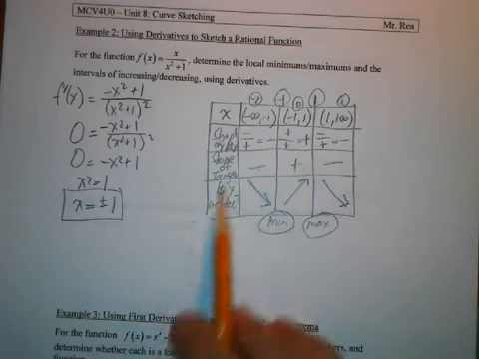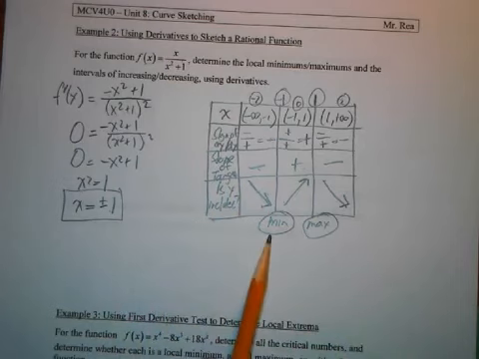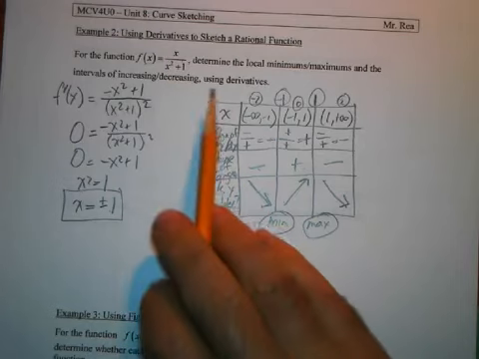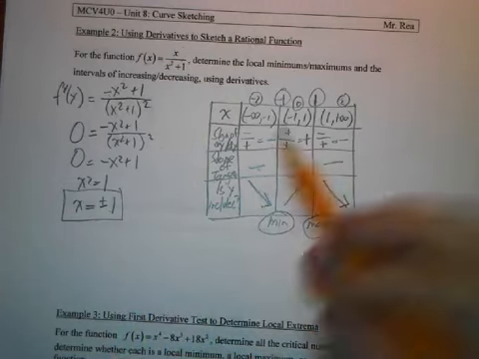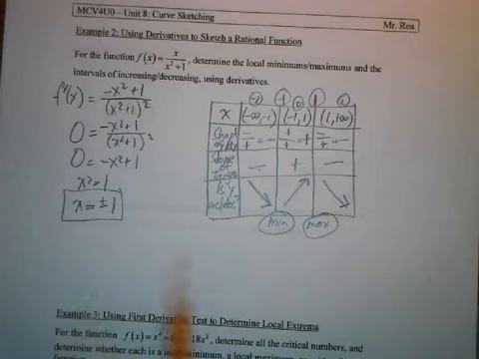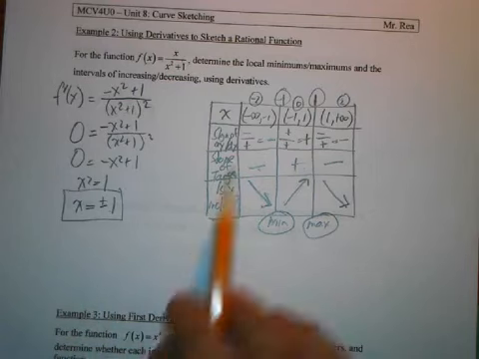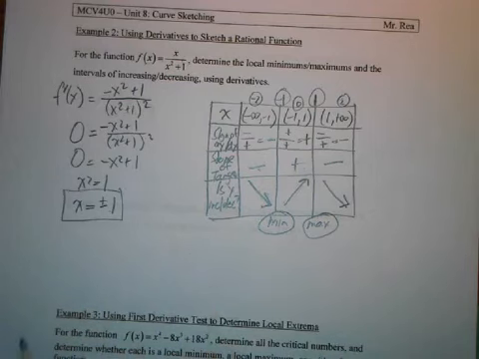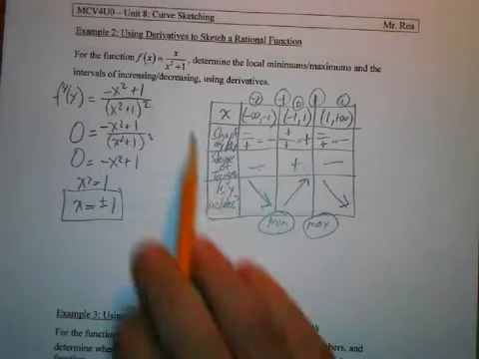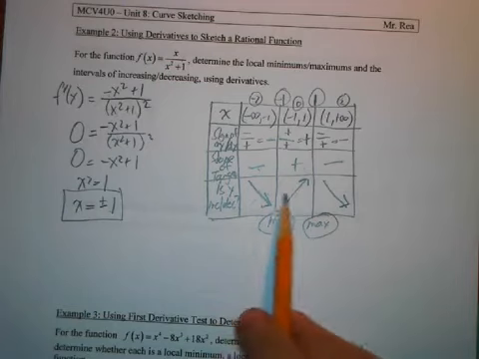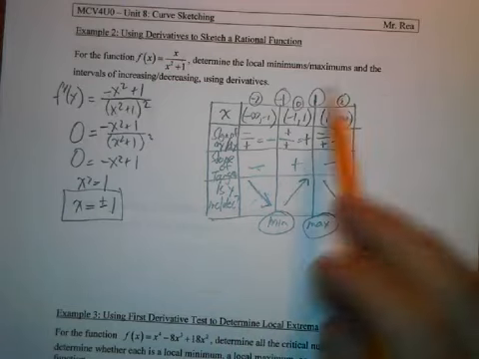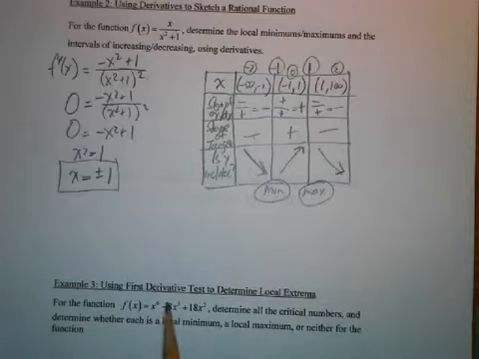In terms of figuring out the y value, unless it asks you to do a sketch, like the first example did, I think it's good enough to say you have a local min at x equals -1 and a local max at x equals 1, because that's what's determined, the local mins and maxes and their intervals of increasing and decreasing. So this chart has done everything for us to answer the question.